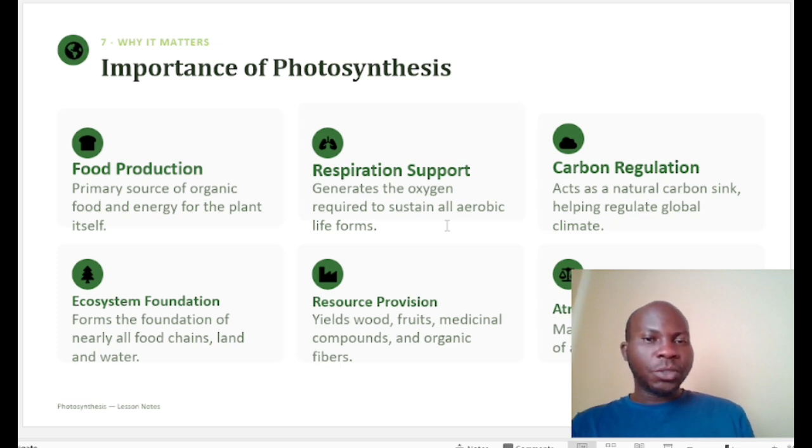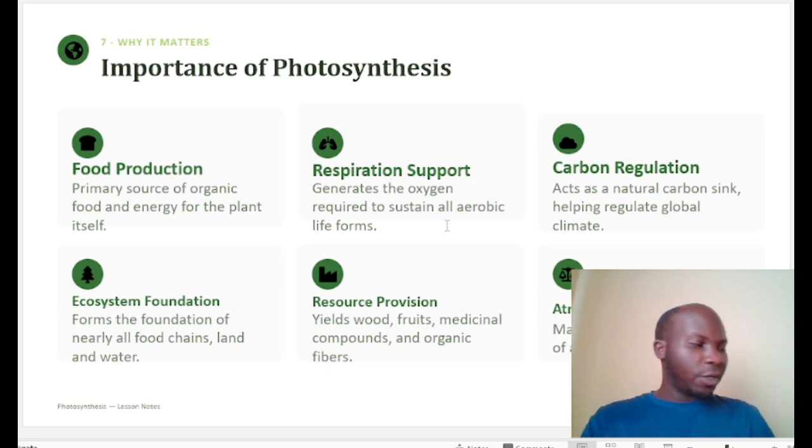Now we come to the importance of photosynthesis, where I have about 6 points. Number 1 is food production. The food made by plants is glucose, which will be stored as starch.